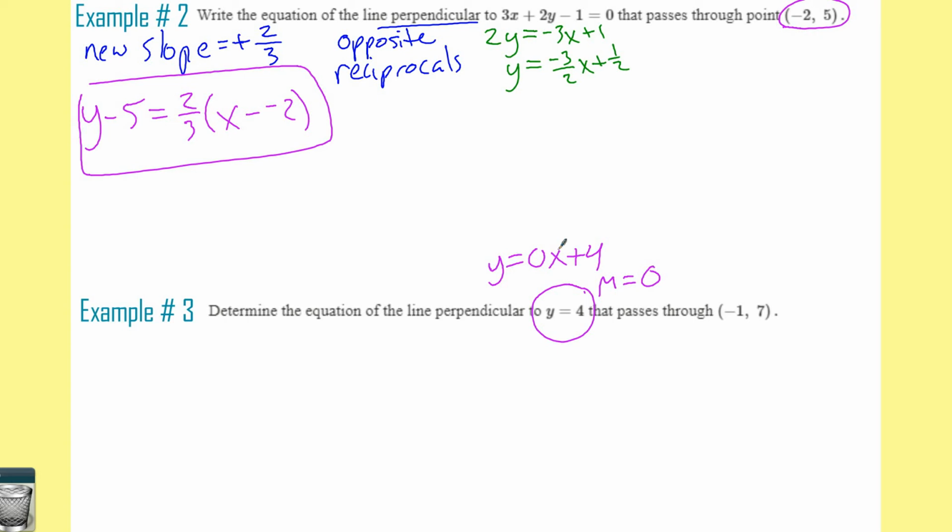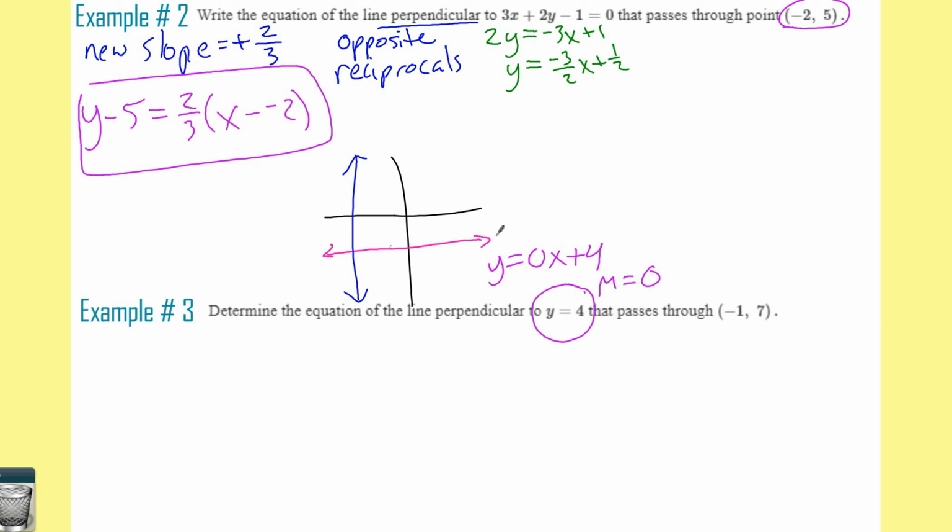I don't know what it is about this, but kids don't like horizontal and vertical lines. If we have a slope of 0, well, here are your options: you can either be horizontal or vertical. The other slope would have been undefined.